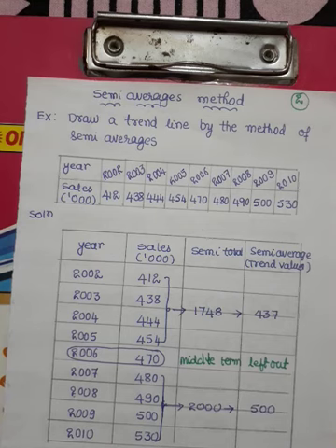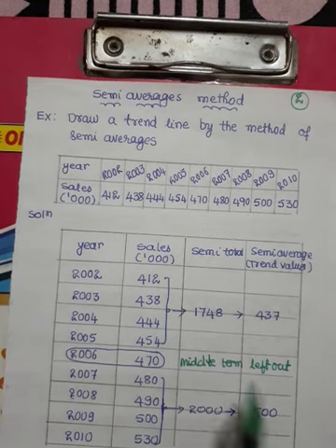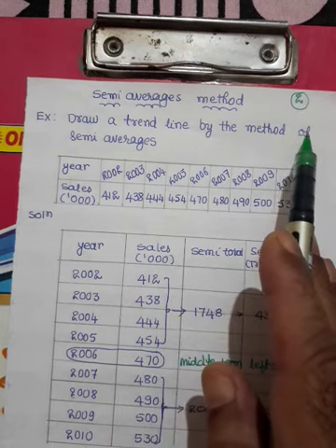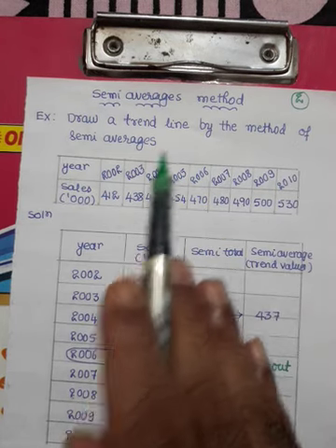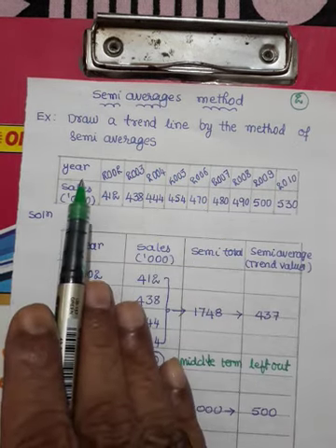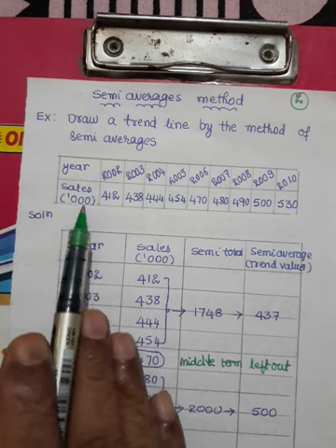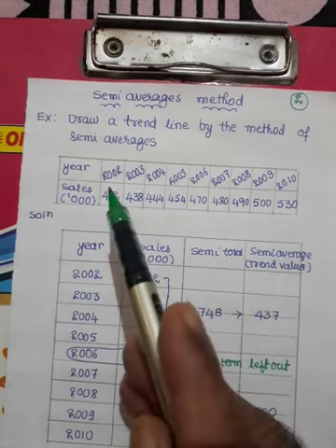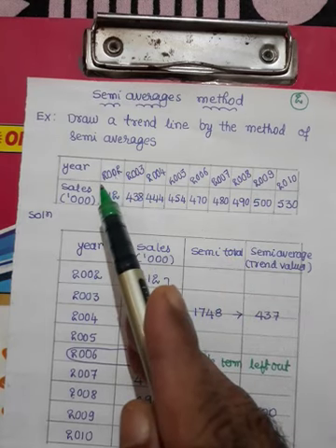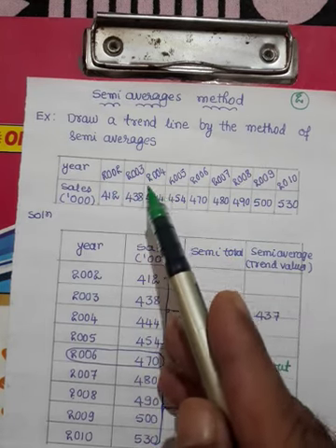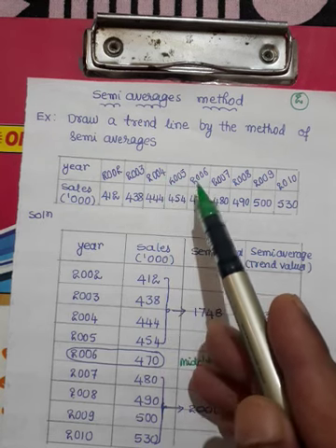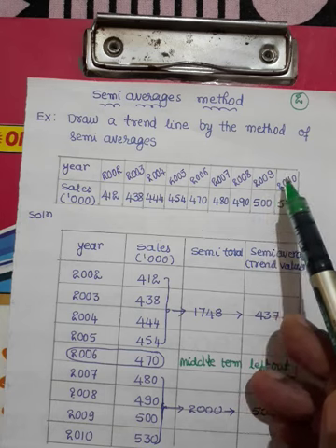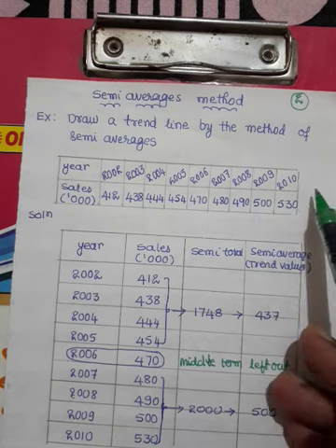Here you see an example. Draw a trend line by the method of semi-averages. Years and sales in thousands. Nine years are taken from 2002: 2002, 2003, 2004, 2005, 2006, 2007, 2008, 2009, 2010.